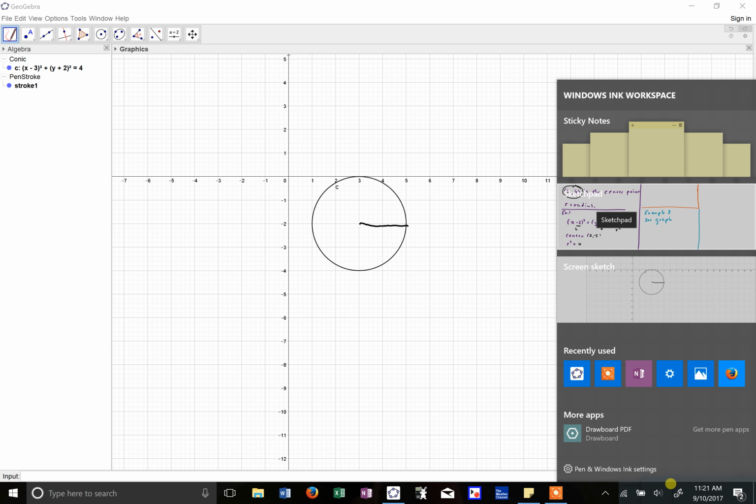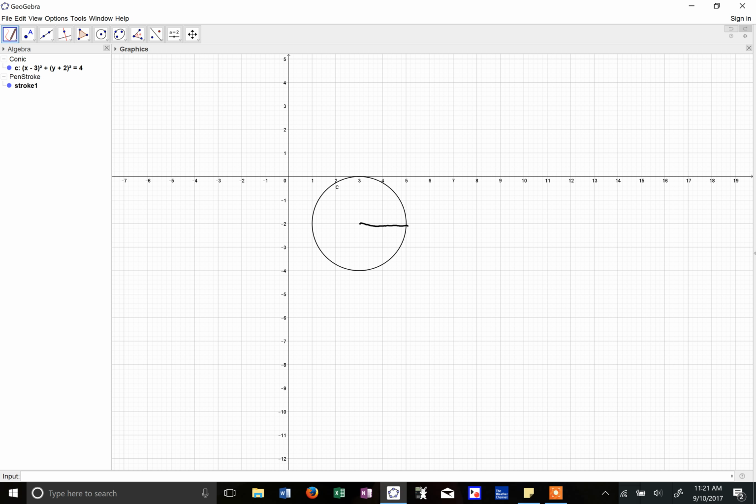Oh, wait a second. Oh, I have a mistake. It was x minus 2, not x minus 3. Oh, goodness me. Let's see if I can correct that. So that was supposed to be a 3, and that was supposed to be a 2.